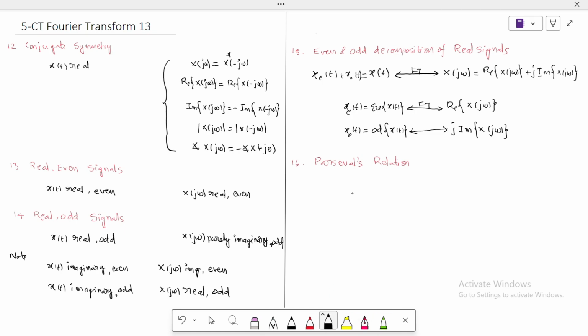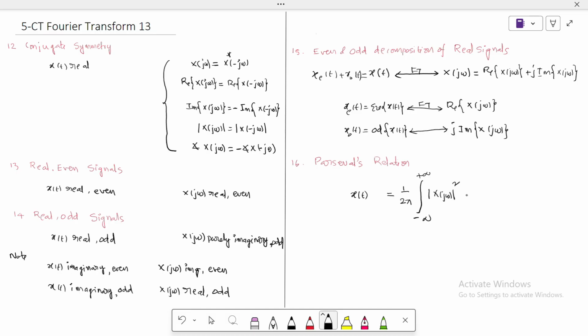First, on the left side we should write the time domain signal. So x of t equals the formula: 1 by 2 pi integral from minus infinity to plus infinity. Next, take the mod of X of j omega.